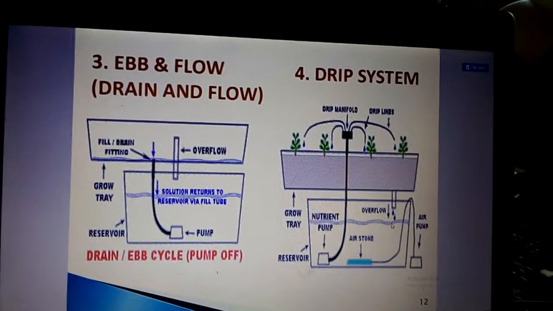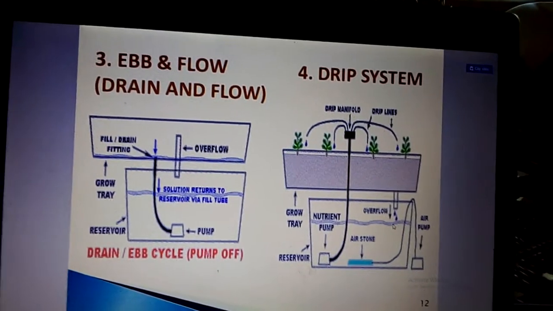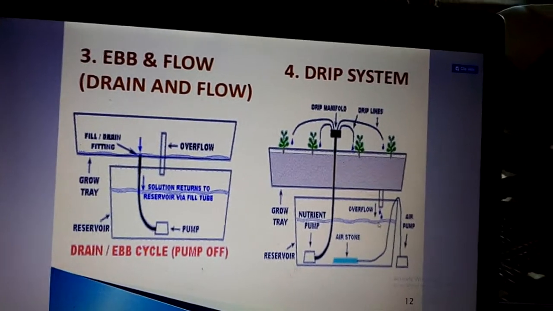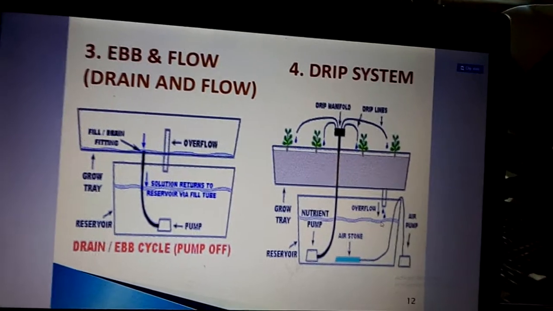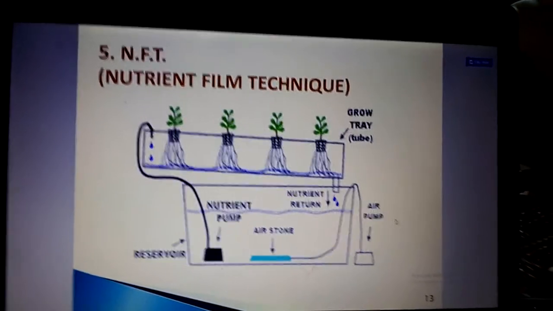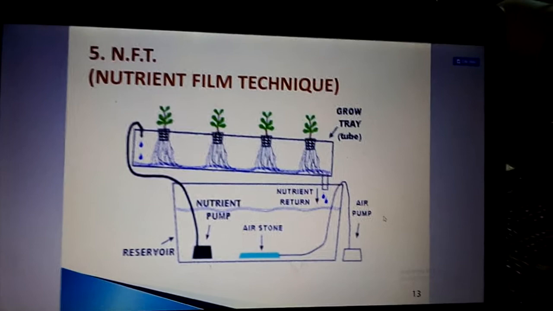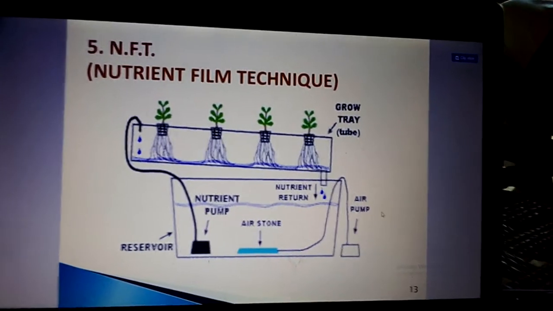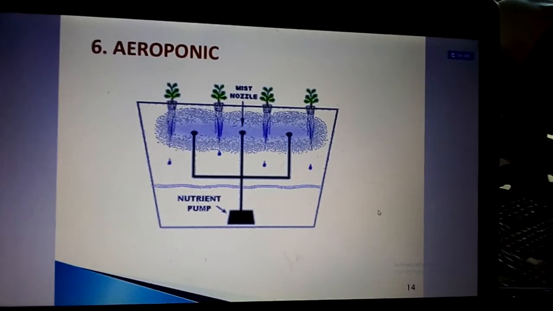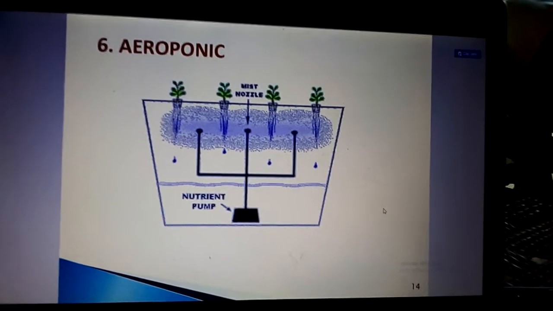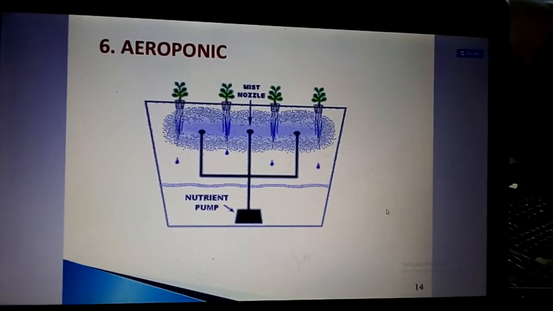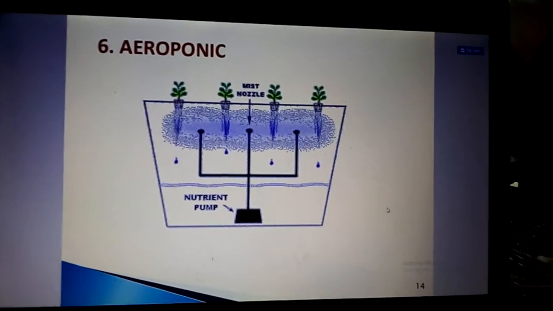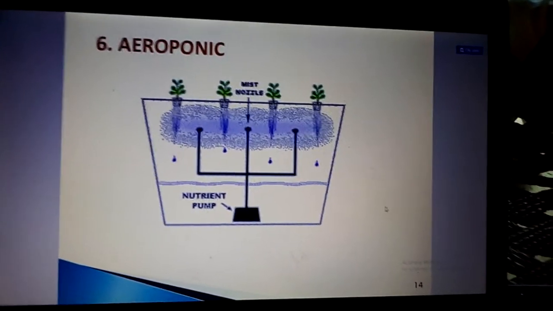The third one is the ebb and flow system, and the fourth is the drip system. The fifth is the nutrient film technique, and the last one is the aeroponic system. In this system we spray the nutrients on the plant roots.